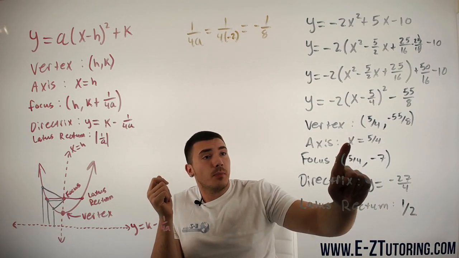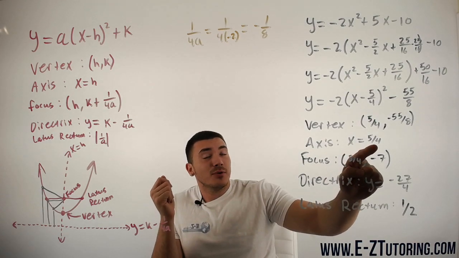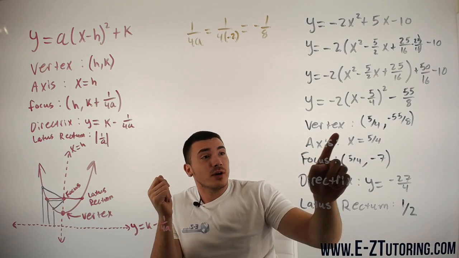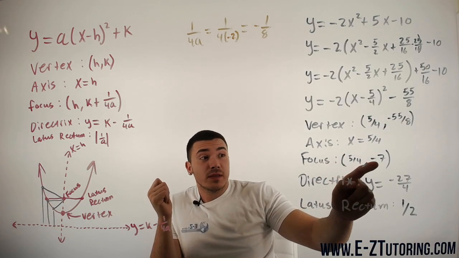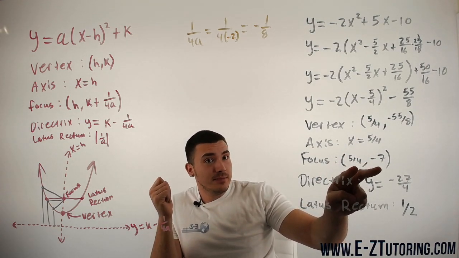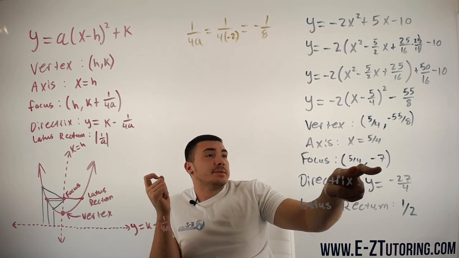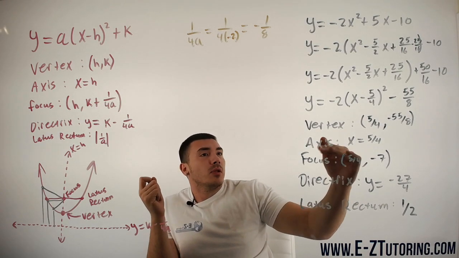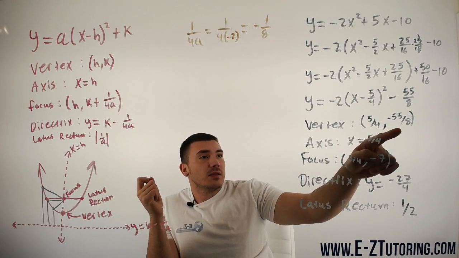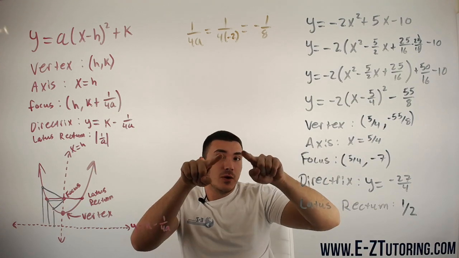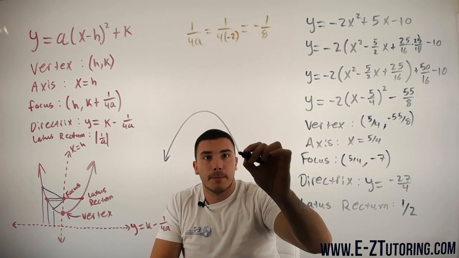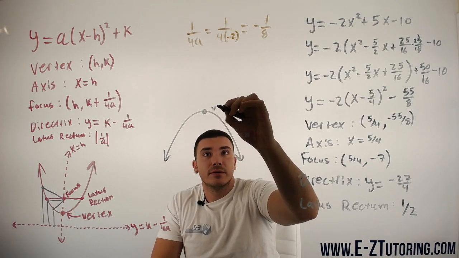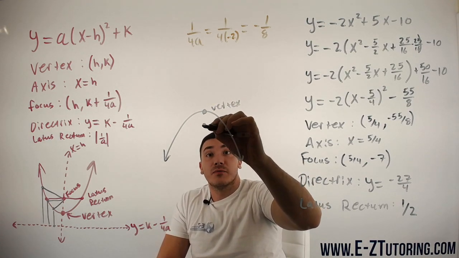You can plot your axis, x equals, which is going to be a vertical line that crosses through an x of 5 over 4. Your focus is just another point, so you can just plot a point. And it looks like this is going to be below the vertex, which means our parabola is going to be opening downwards. So it's going to look something like this, with our vertex here and our focus here.